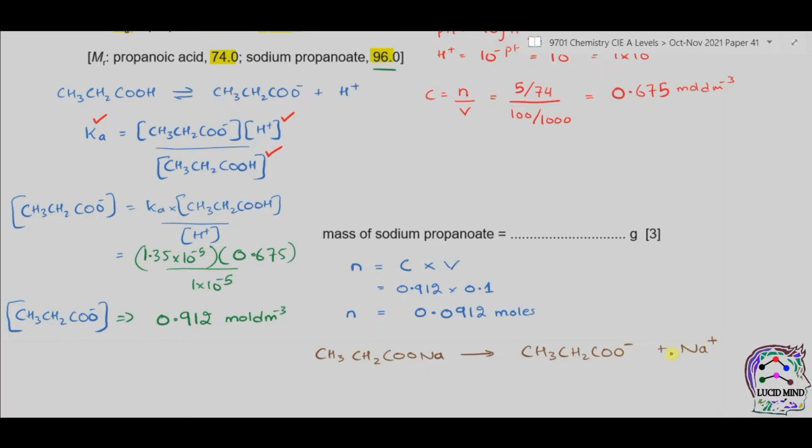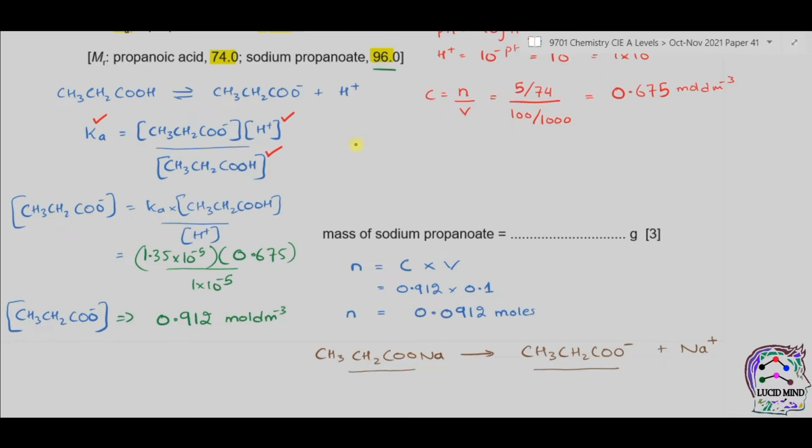Now we can assume that the number of moles of this propanoate is exactly the same as the number of moles of this sodium propanoate. So if this is the number of moles of propanoate ions, this could also be used as the number of moles of sodium propanoate.